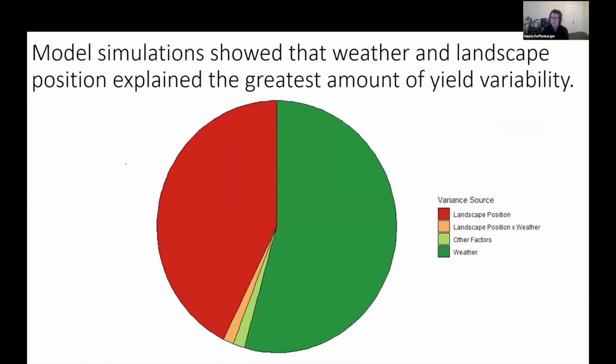And so when we look across the 30 years of simulations, it becomes clear that two things overwhelmingly drive the majority of variability in this rolling hill field: weather and landscape position.